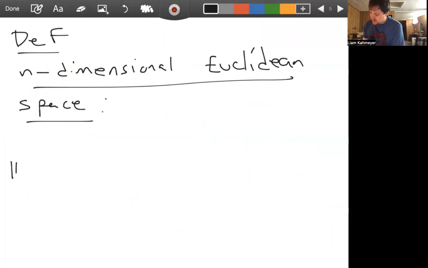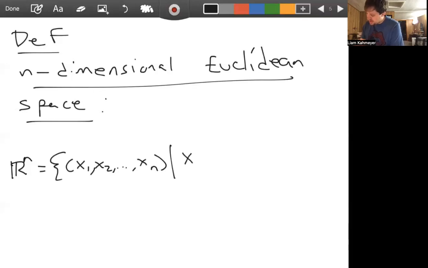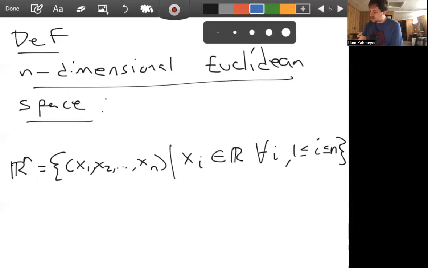Rn is going to be the set of points (x1, x2, et cetera, through xn) such that xi is an element of the reals for all i, where i lives between 1 and n, right? And so this is just an index. i is an index here running from 1 to n.